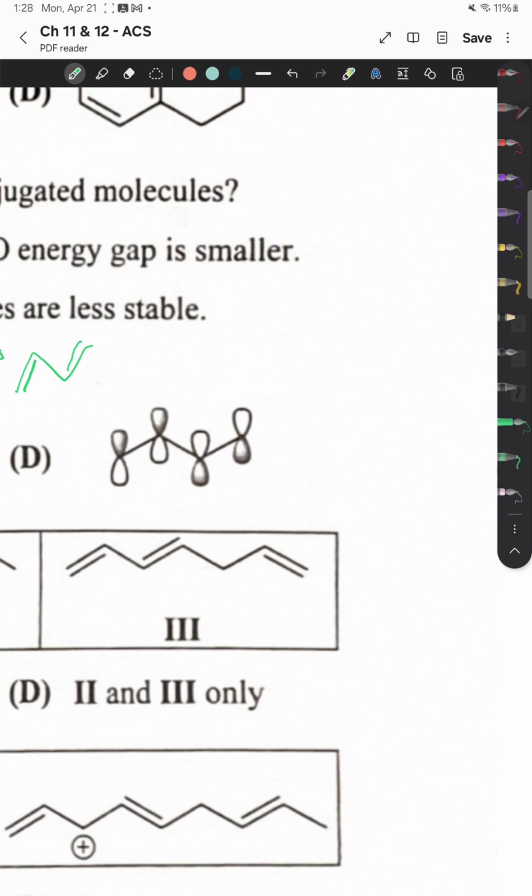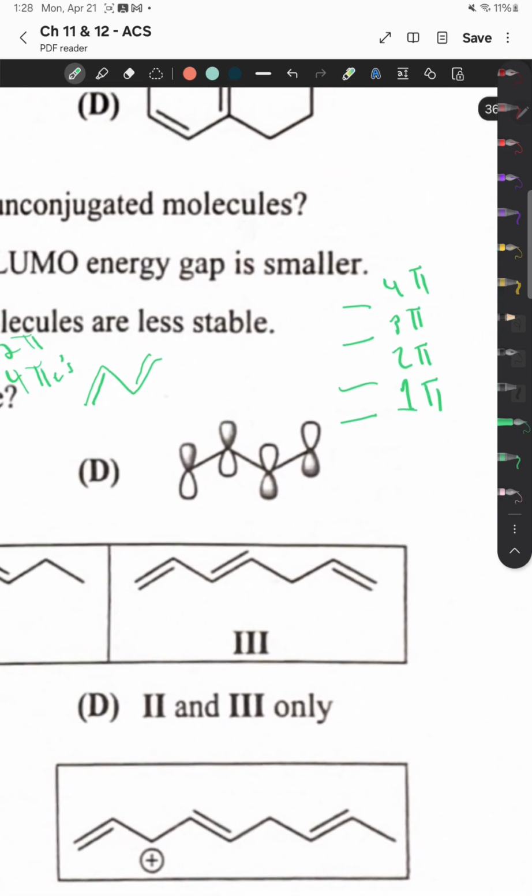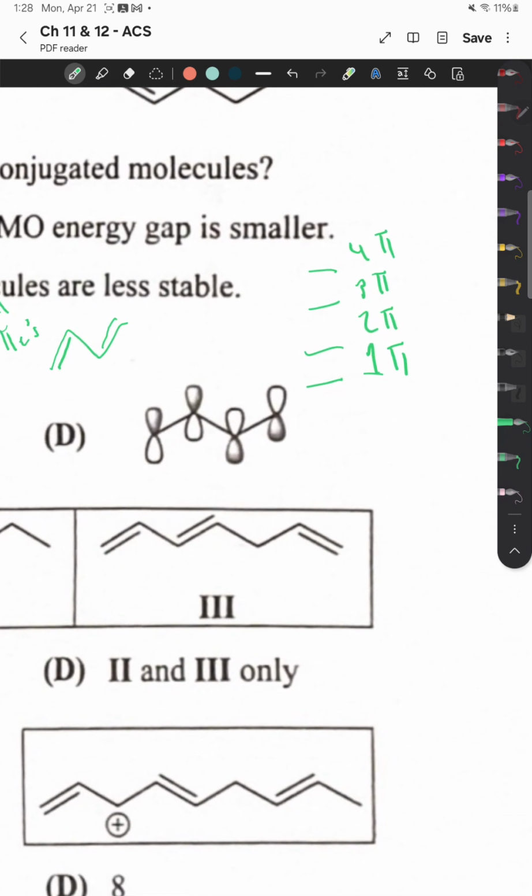Now we have to draw an orbital for each pi electron, so that would be 4 in total: 1 pi, 2 pi, 3 pi, 4 pi. And let's fill it up. We have 4 pi electrons, so 1, 2, 3, 4.